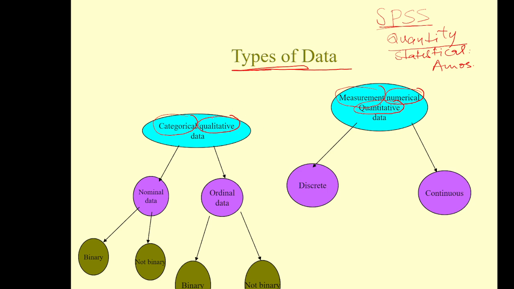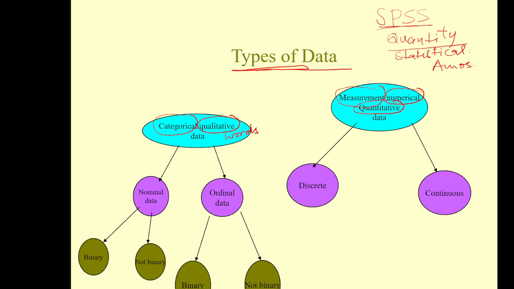In qualitative study, the number crunching is not quite a lot, right? Now, if you go into further subcategories, the categorical data, which has the categories, or the qualitative data, in which there are more words than numbers, right?